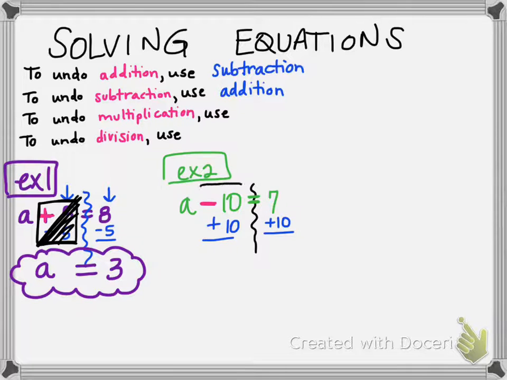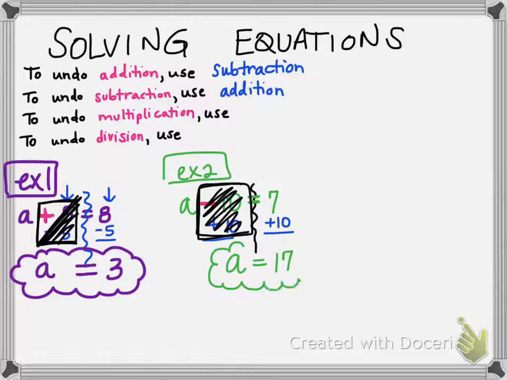This creates another zero pair. Negative 10 plus 10 will in fact add up to 0. That leaves the variable a on the left side, and the answer, the solution, 17. It is in fact true that 17 minus 10 is 7. So that works there.